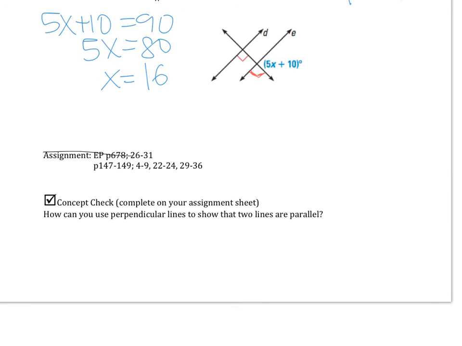Okay, we already know that the assignment is different. And says, how can you use perpendicular lines to show that two lines are parallel?